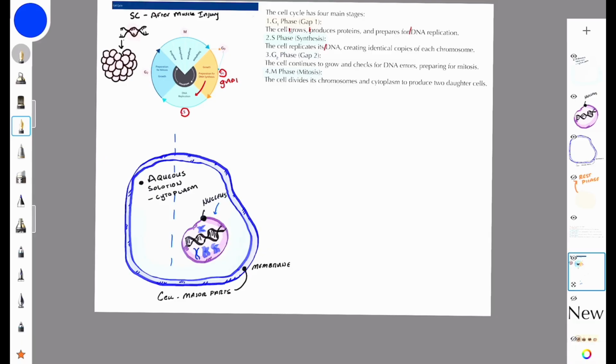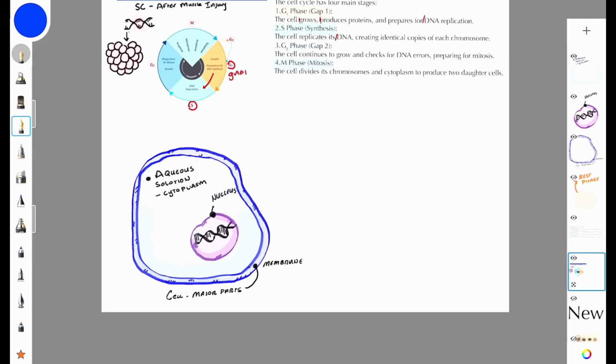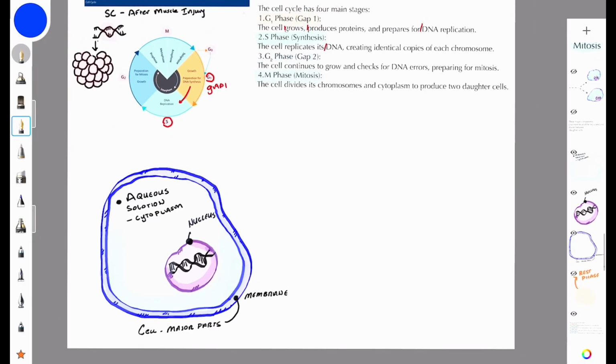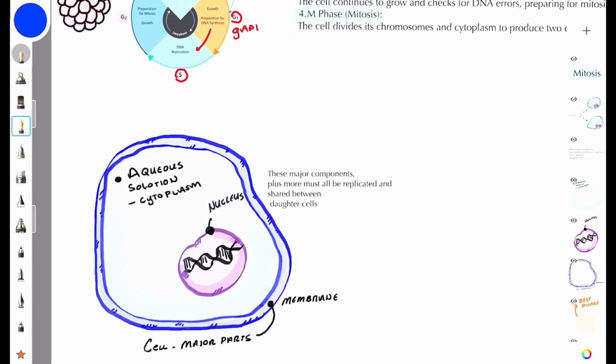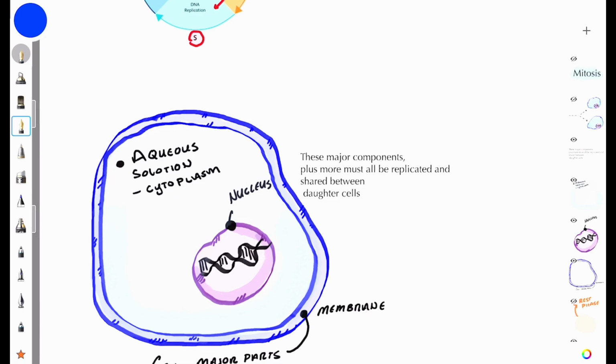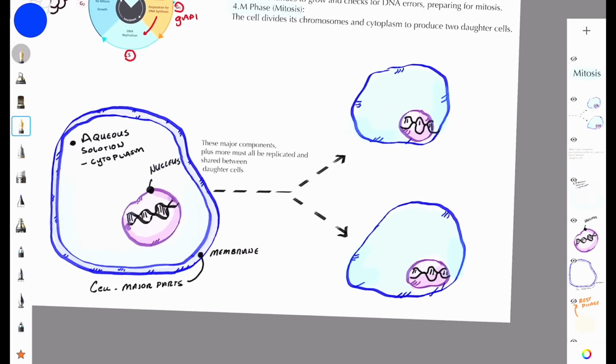And that's why this is called a growth phase, because we've got to start producing a lot of proteins so that when we split the cell, both of the daughter cells get the same amount of material, that we have exact replications of this parent cell. So I'm going to put this here. These major components plus more must all be replicated and shared between the daughter cells. And it's got to look like this.